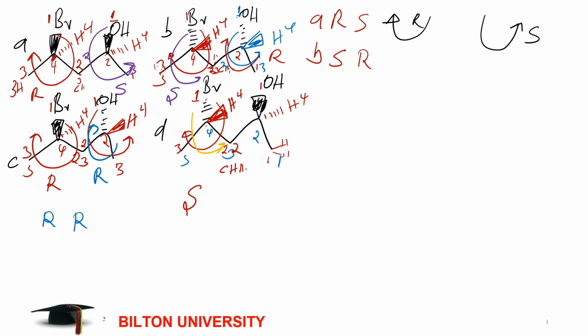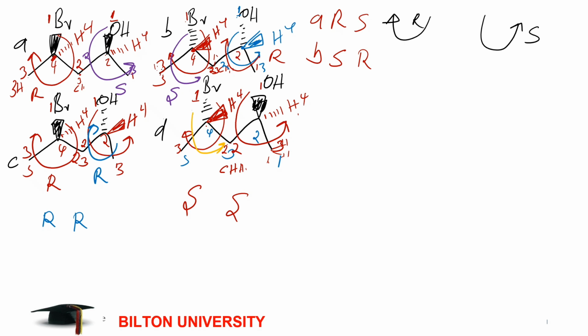So this is third priority, and hydrogen, of course, is the fourth priority, and therefore we can simply move in the S direction, giving us SS. Just like I've said, D is the opposite of C, giving us SS.